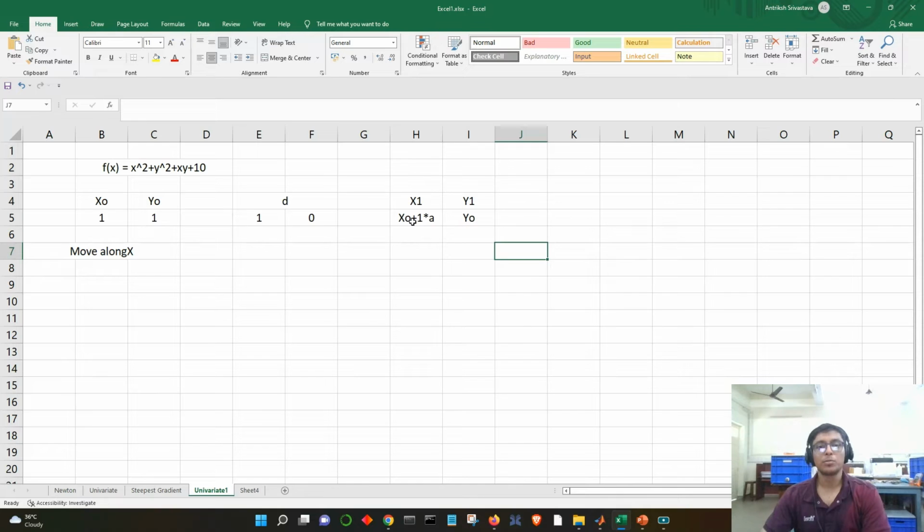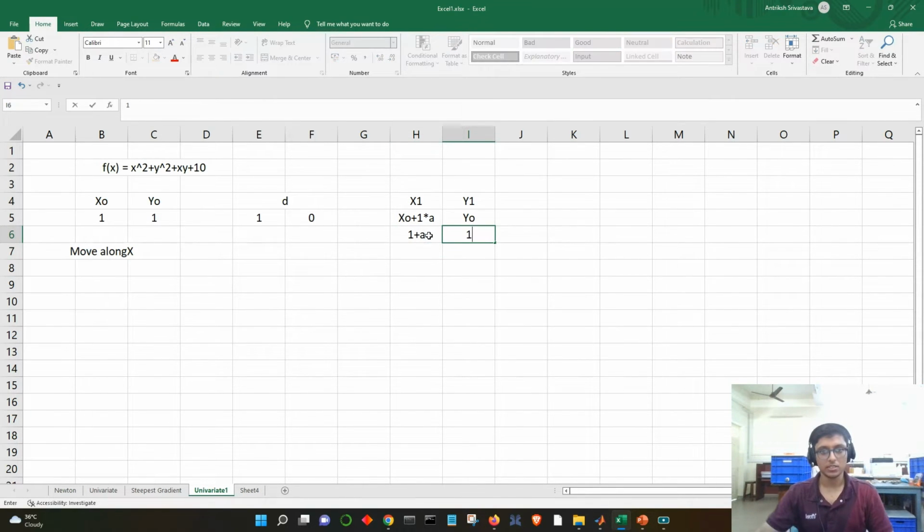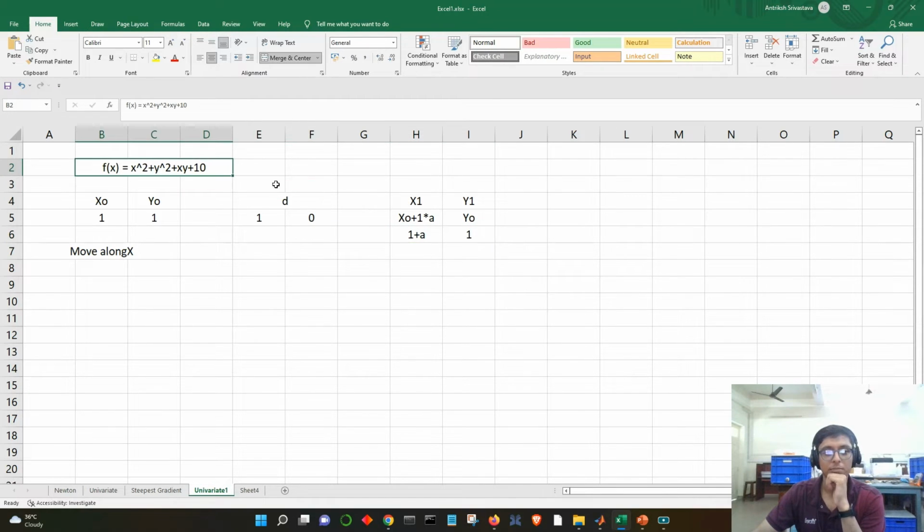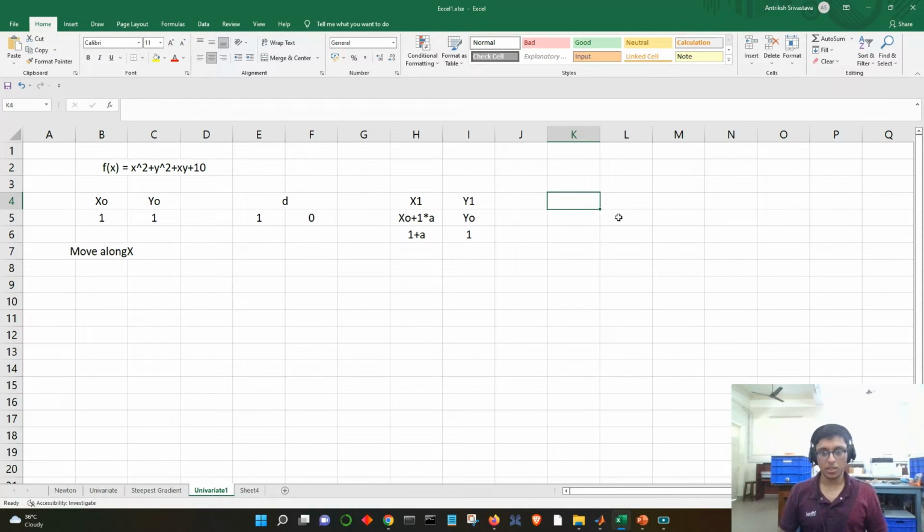So when we put these new values of x1 and y1, basically it will be 1 plus a and 1. When we put these two values into our expression, it becomes a univariate expression, and we will call it f of a.